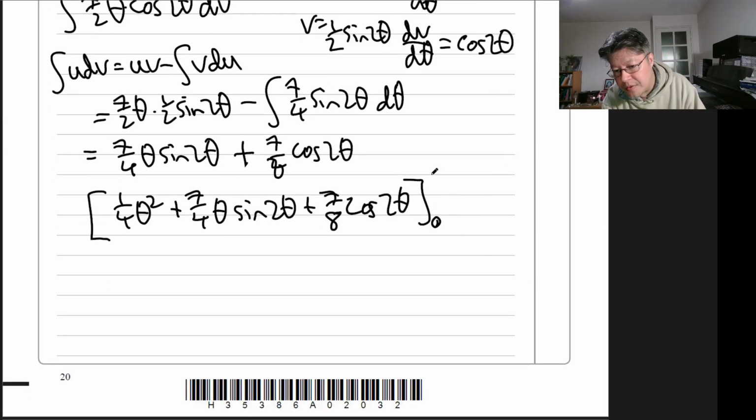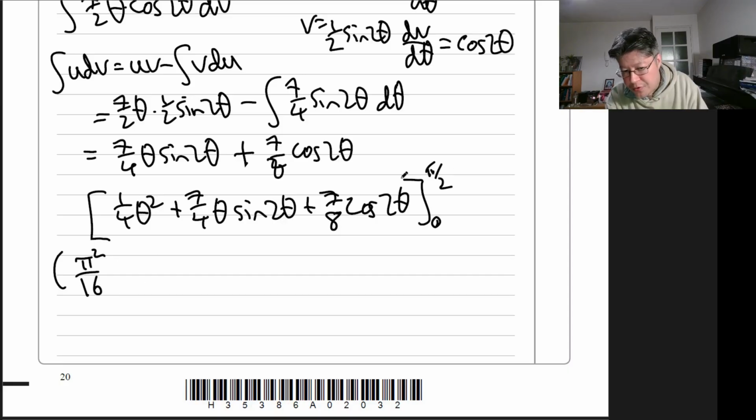So then we're going to substitute these in and subtract them. So we're going to sub pi over 2 in first. So pi over 2 squared becomes pi squared over 4 and divide by 4. So that's pi squared over 16.